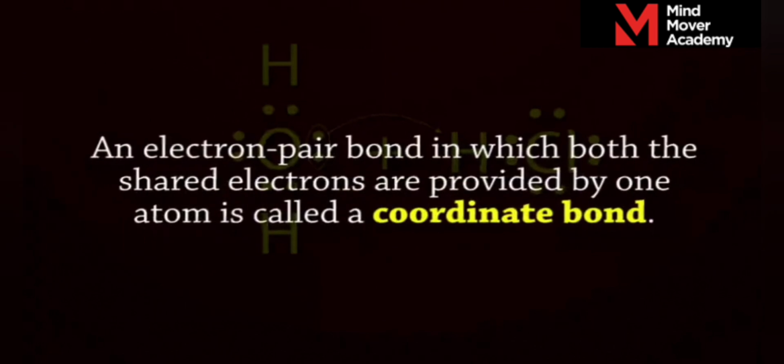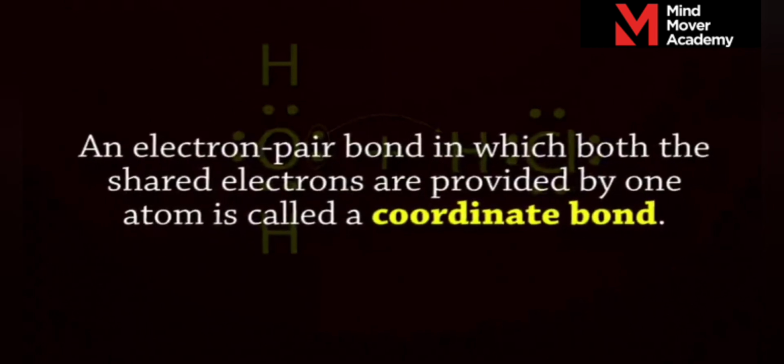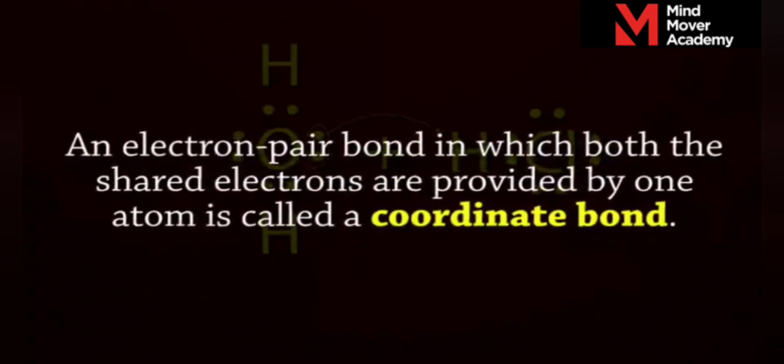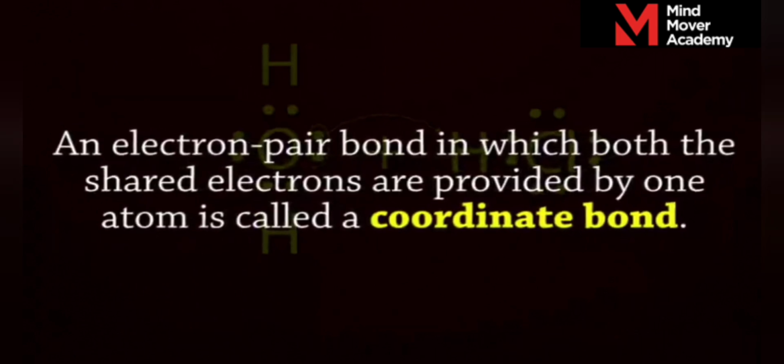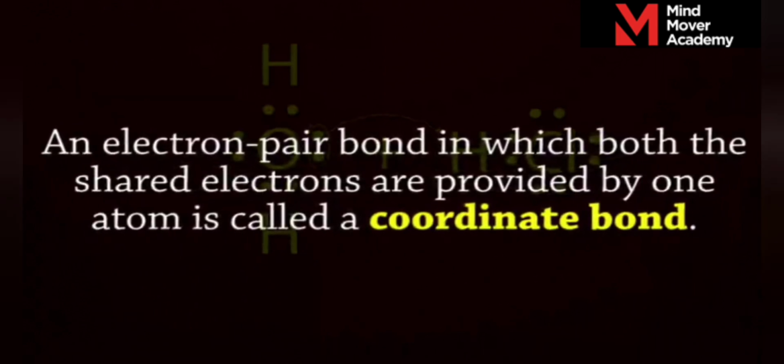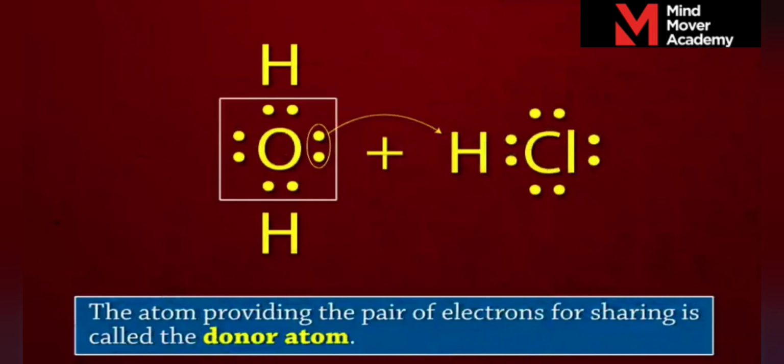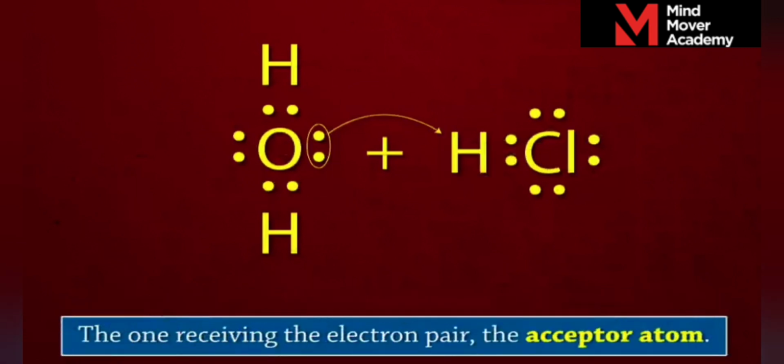An electron pair bond in which both the shared electrons are provided by one atom is called a coordinate bond. The atom providing the pair of electrons for sharing is called the donor atom, and the one receiving the electron pair, the acceptor atom.